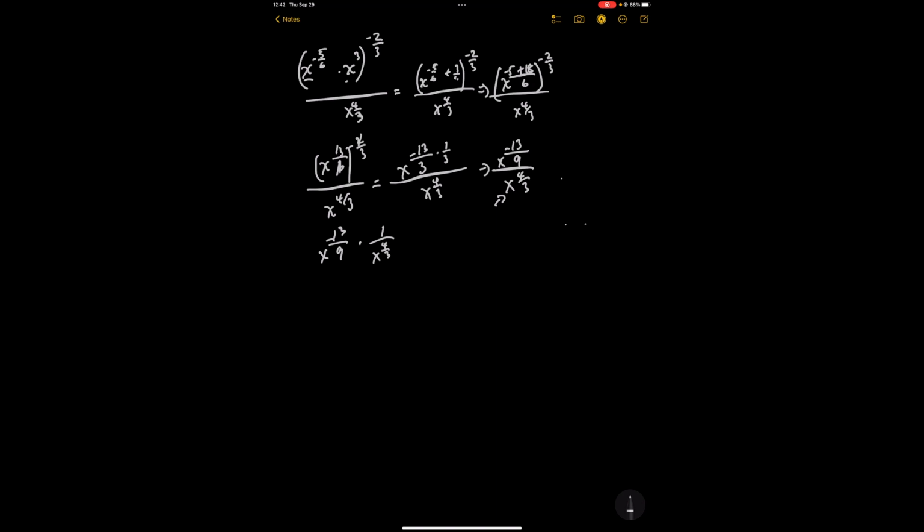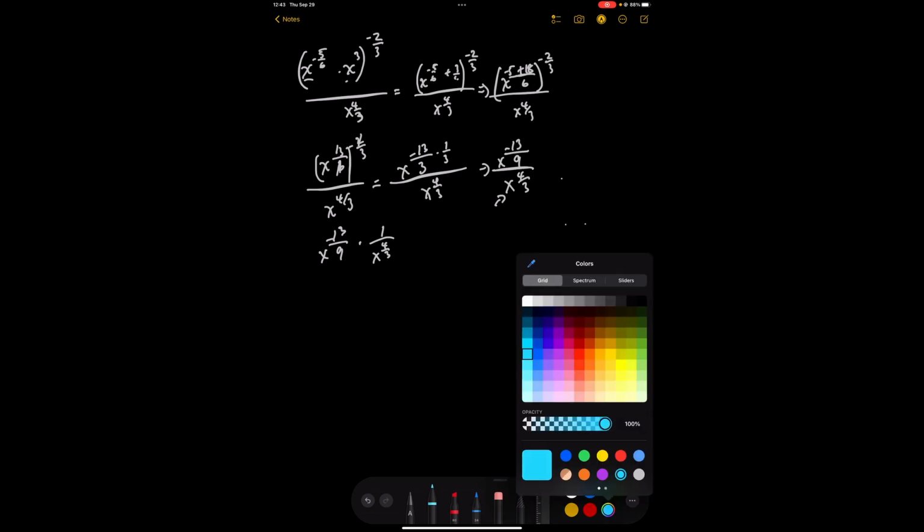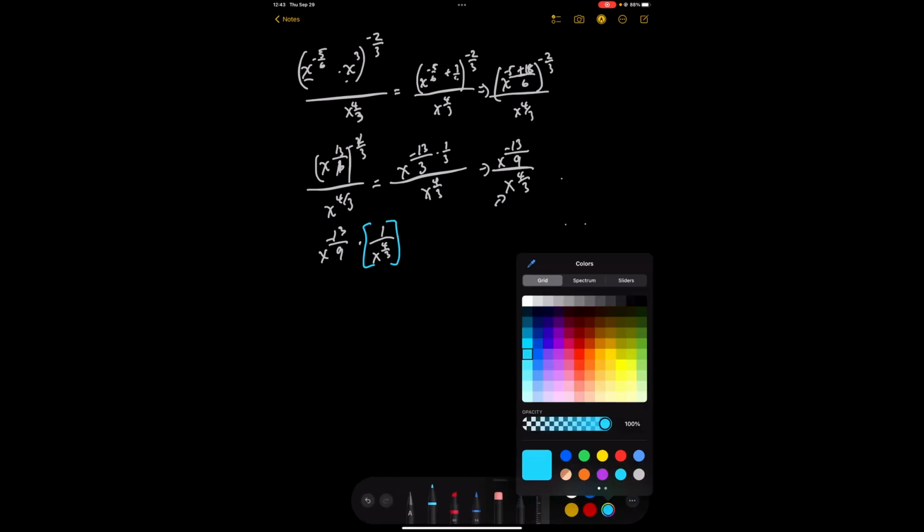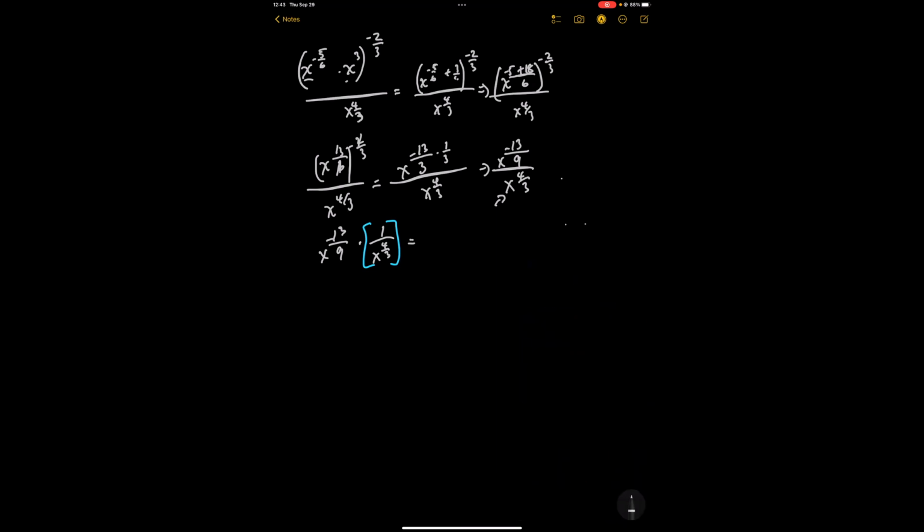Well, guess what? We know, based on the previous exercise that we did, what this means, right? It means we're going to have x to the negative 13 over 9, and we do the inverse of that, times x to the negative 4/3.